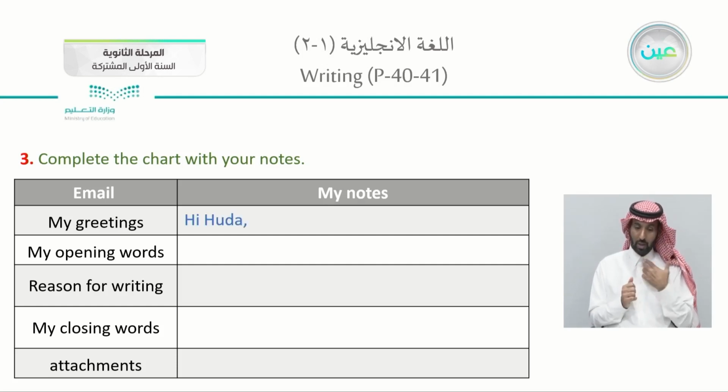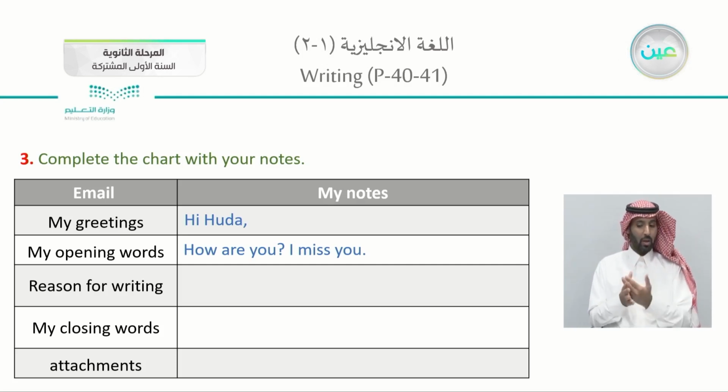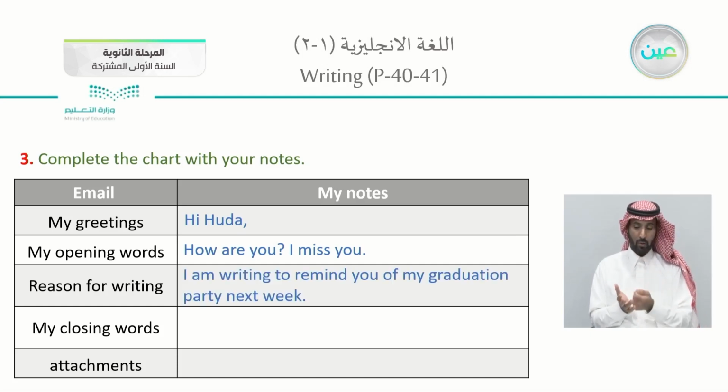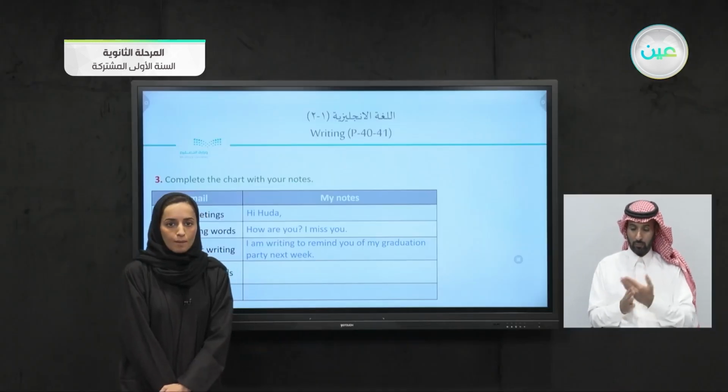Maybe I will say, hi Huda. I will send it to my friend Huda. Opening words, maybe I will choose something, how are you? I miss you. Reasons for writing, why am I writing this email? I am writing to remind you of my graduation party next week. So this is the main reason for writing the email.